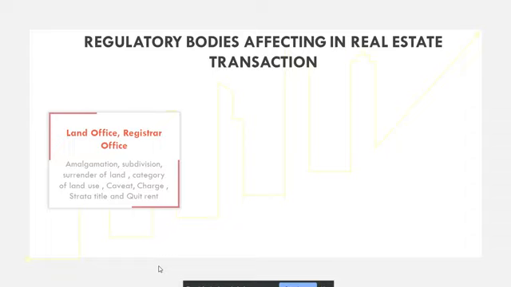So nowadays everything we can do online and search the quit rent bill on the internet, but it can also be obtained at the land office or registrar office. Amalgamation or subdivision or surrender of land is more to the development. So they need the approval first from the land or registrar office before the development is undertaken.